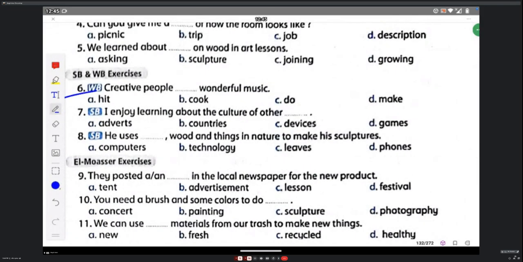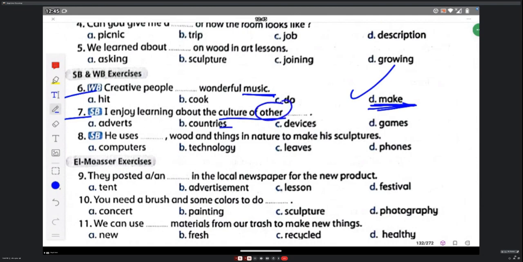Creative people do wonderful things. Make good music, make friends, make music. Number seven, I enjoy learning about the culture of other countries.